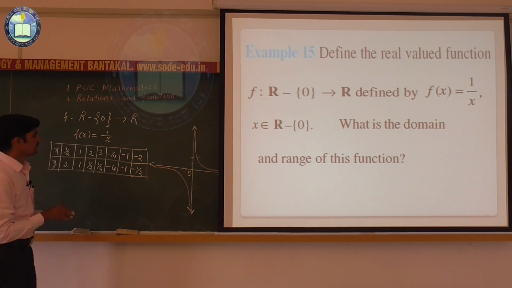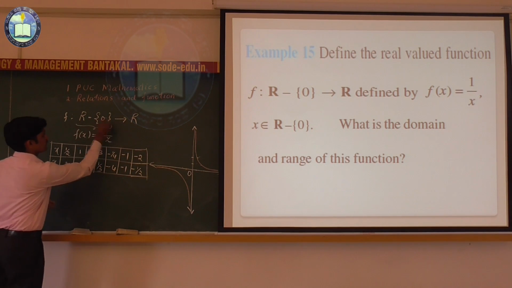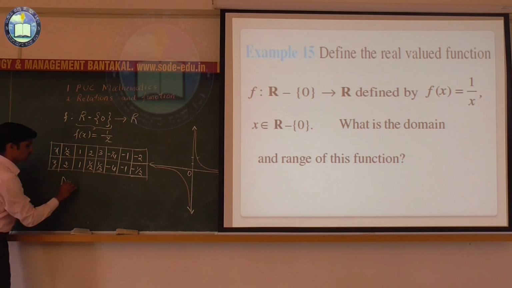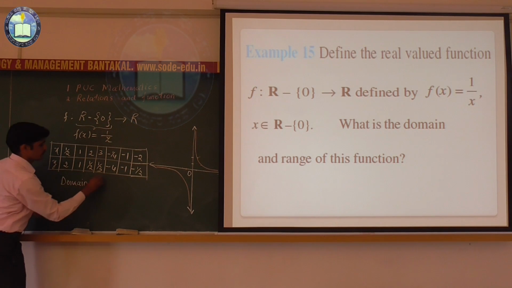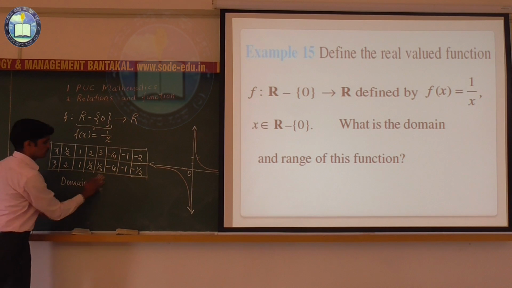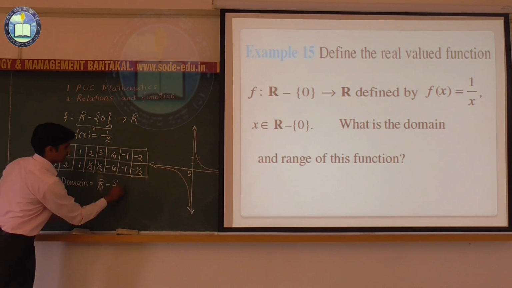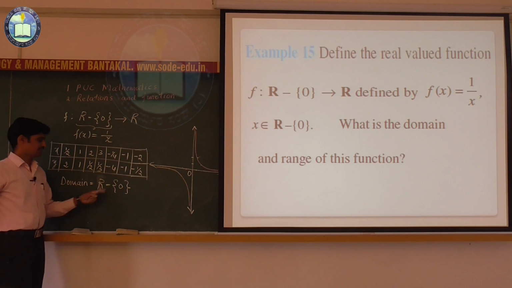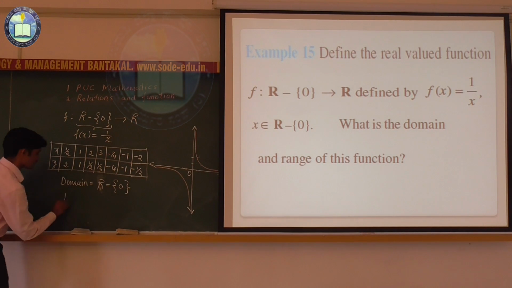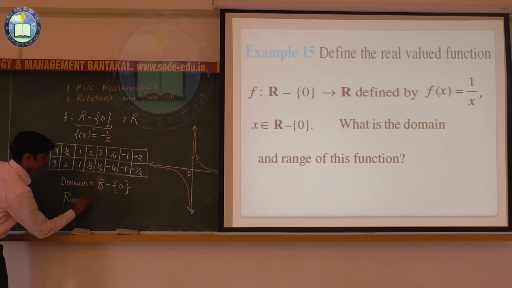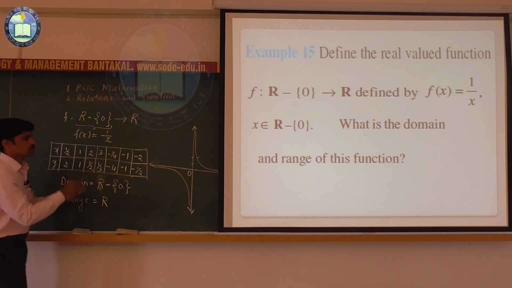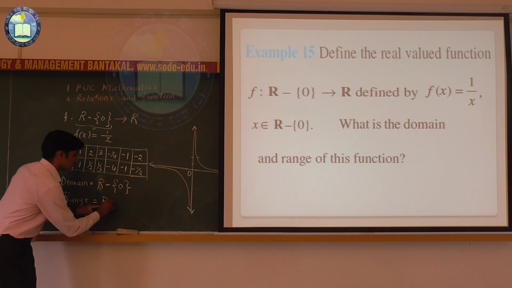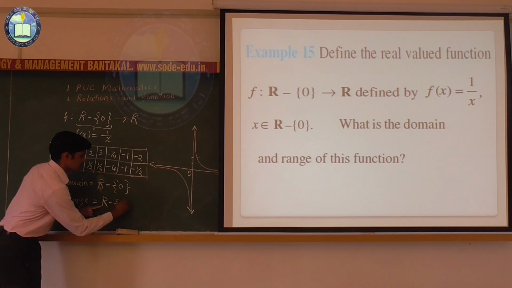If you think of the domain of this function, it is already given in the function. Domain is equal to the set of all possible values of x, that is equal to the set of real numbers except one element, that is 0. And what is the range? Range is equal to the set of all images, the set of all real numbers, but it never takes 0.